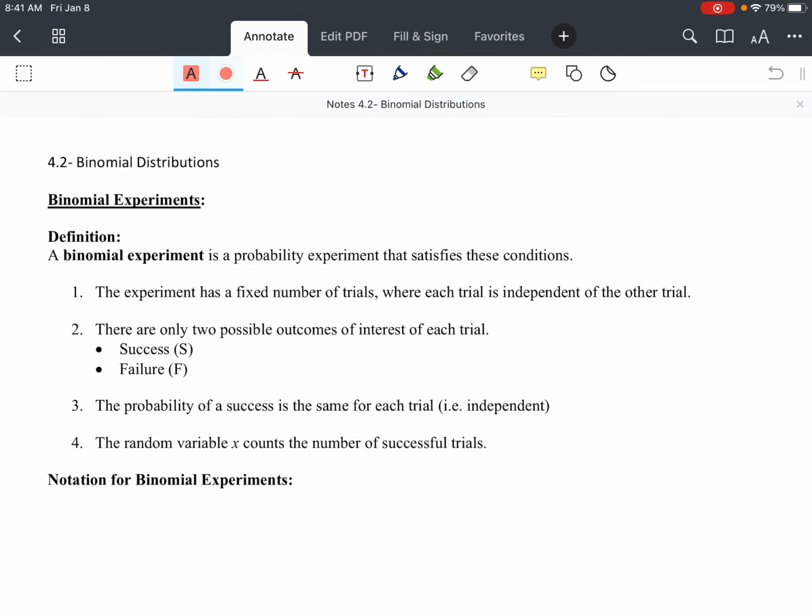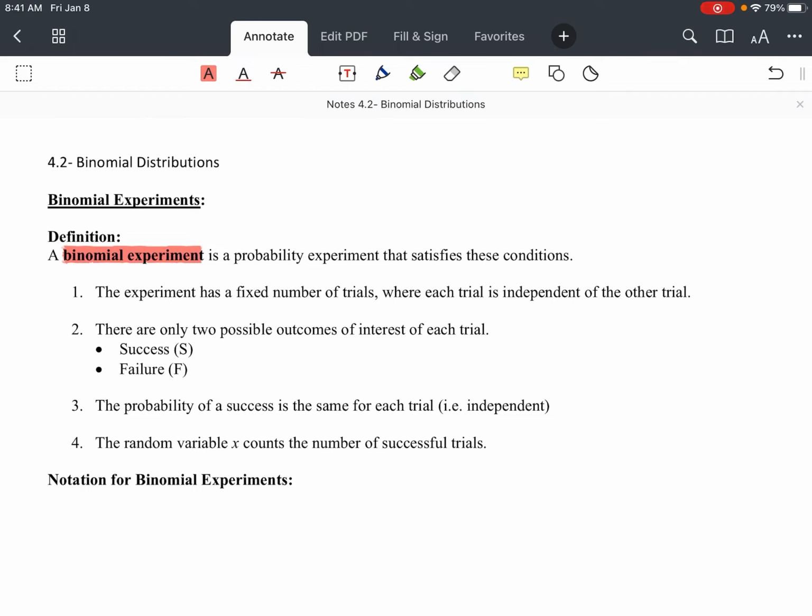Okay, so looking at this definition, it says a binomial experiment is a probability experiment that satisfies these four conditions. The first condition states that the experiment has a fixed number of trials. In other words, we can count the number of trials. We're not repeating it over and over again, thousands and thousands of times, without ever stopping.